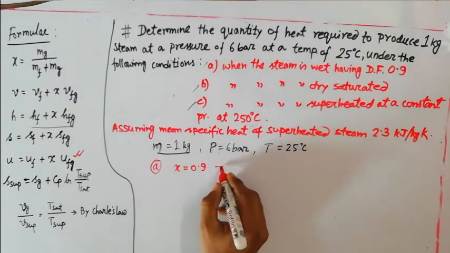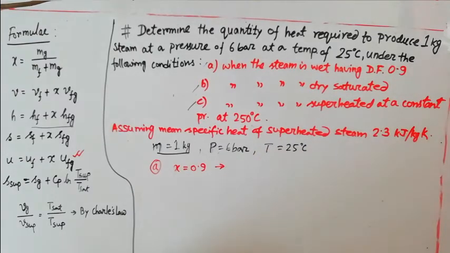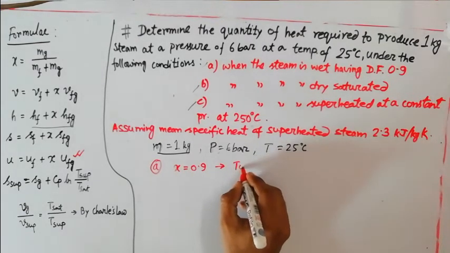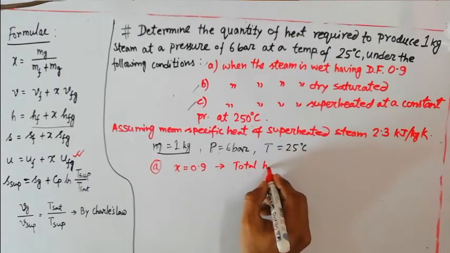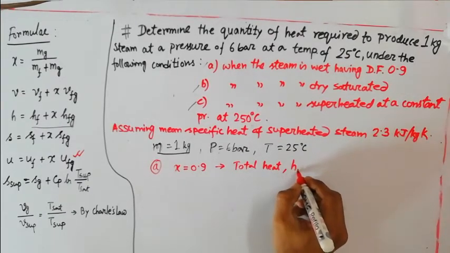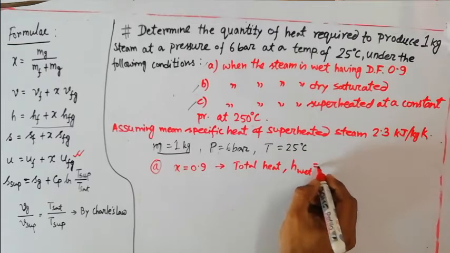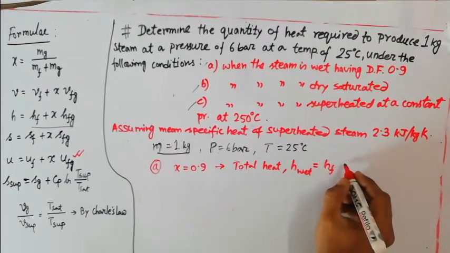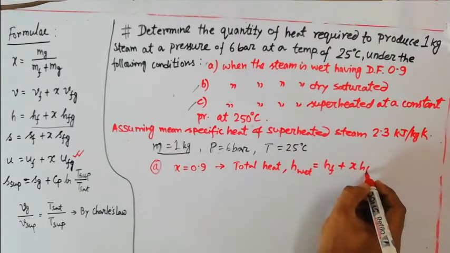So from this particular condition, while the dryness fraction is given, the steam is in wet condition obviously. So the total heat for this condition, if I write it as H wet, I can very easily write this expression.